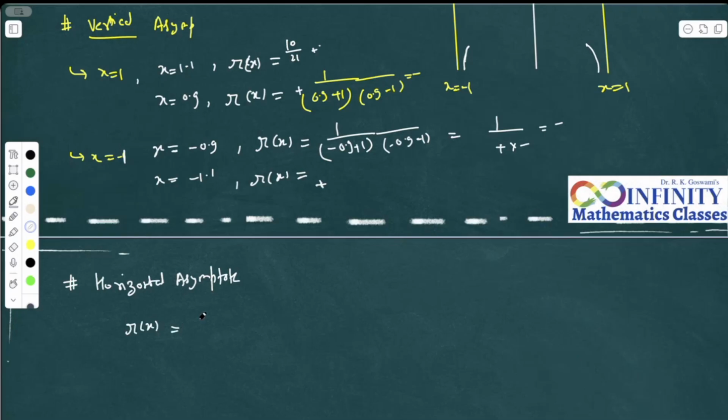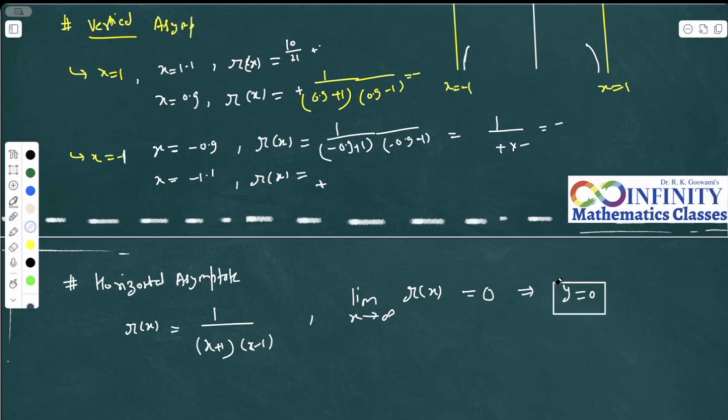It is 1 over (x plus 1)(x minus 1). So you can obviously check as x tends to infinity, this R(x) is going to be how much? 0. Am I right? That means y equals 0. That is the x-axis is going to be the asymptote. Even if you choose negative infinity, the answer is going to be the same.